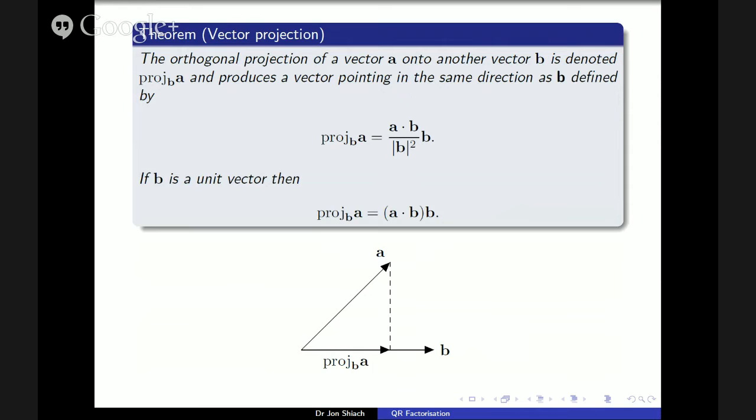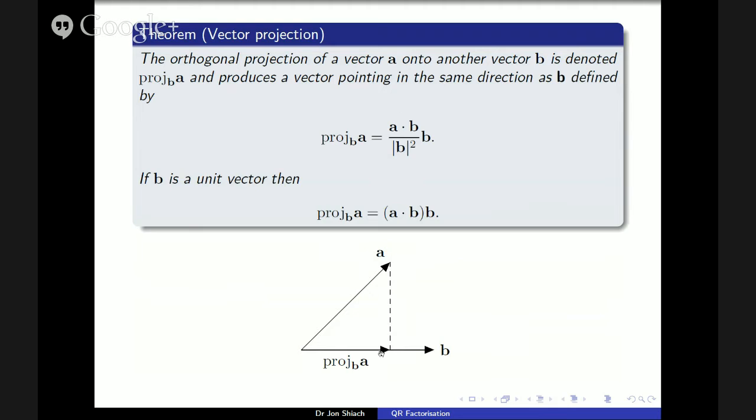In the diagram at the bottom, we have two vectors A and B. If I want to project A onto B, if you draw the dashed line down, this works in two dimensions, we have this vector here, which points in the same direction as B, but is either slightly shorter or slightly longer.